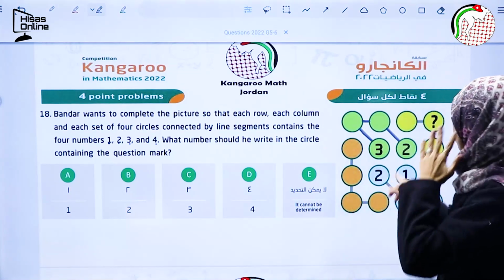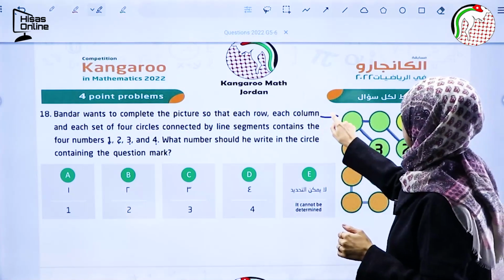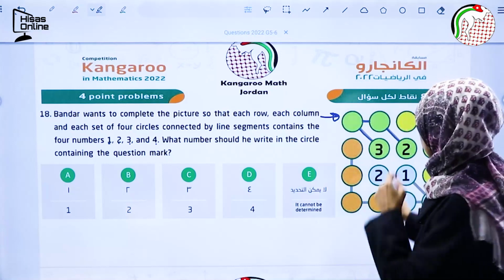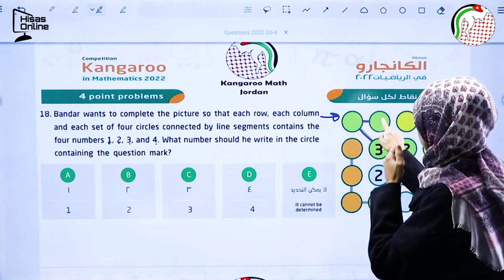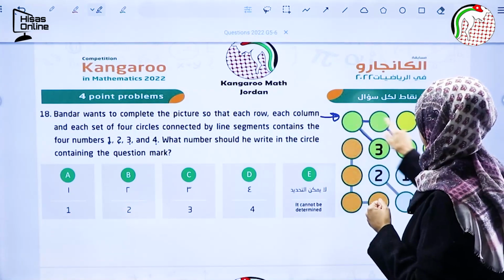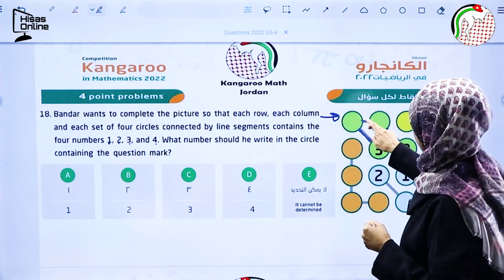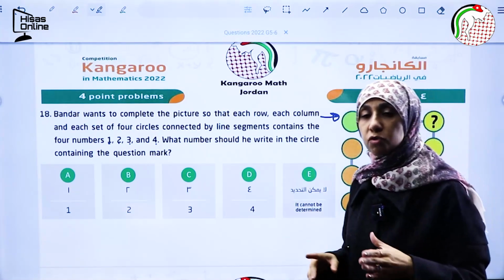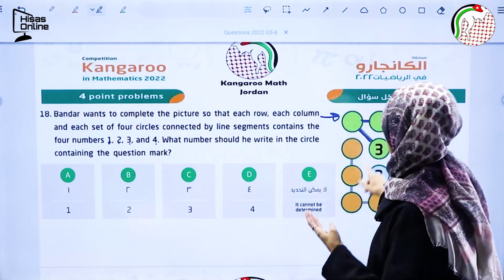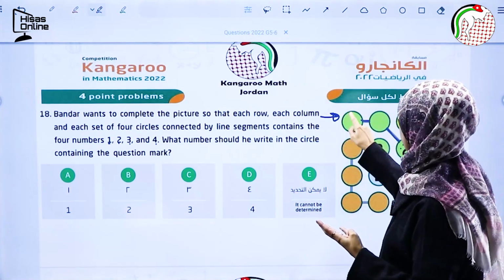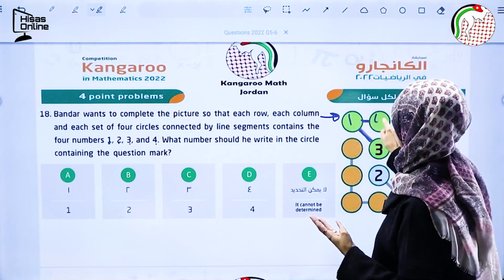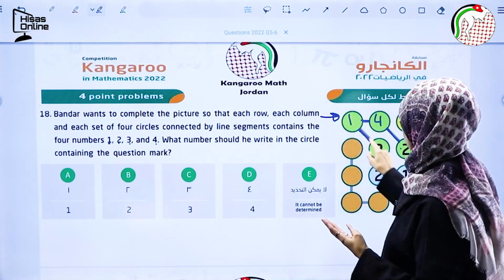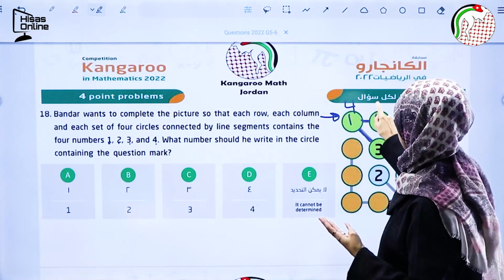Now, let's see. Here, on this row, I need to guess what are the numbers here. Since I have those connected by line segments, we said we need to see the 4 numbers. Here I have 3 and 2, so here I have either 1 or 4, or 4 and 1.